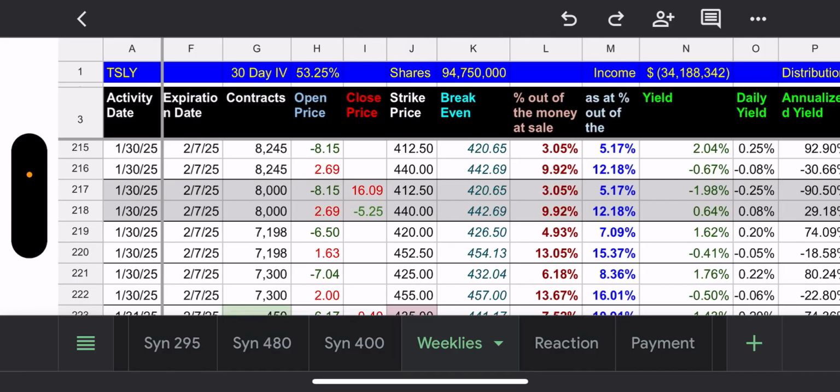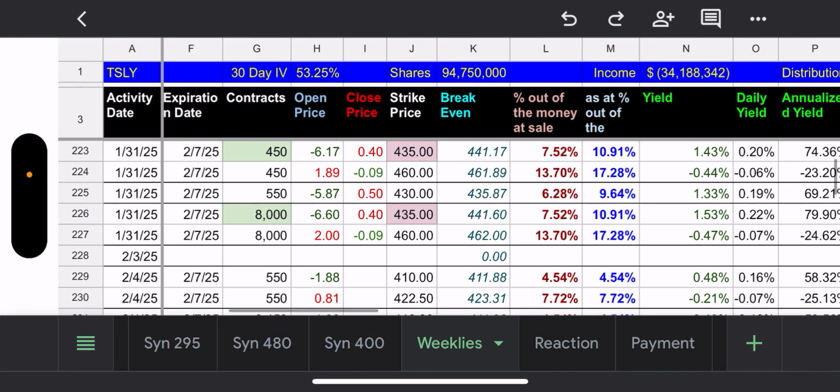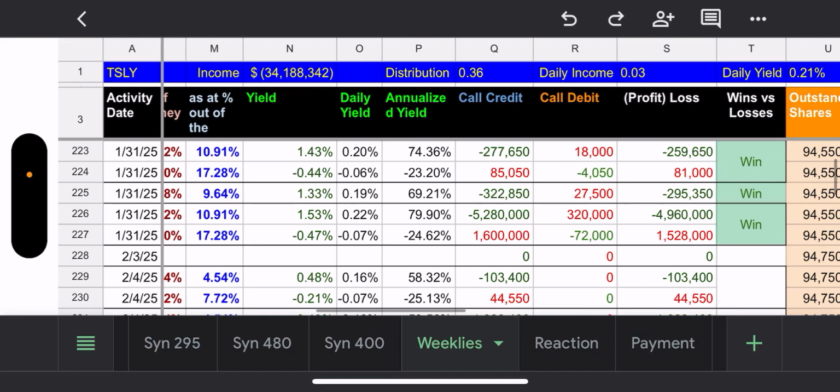Anyway, let's just go down the line. First I'll show you the one they closed. 450 contracts they closed for the 435, plus 8,000. They closed the 435, and that was a win. If you scroll to the right, overall the win-loss, you could see they made about 150K on one, and about 3.5 mil on the other.